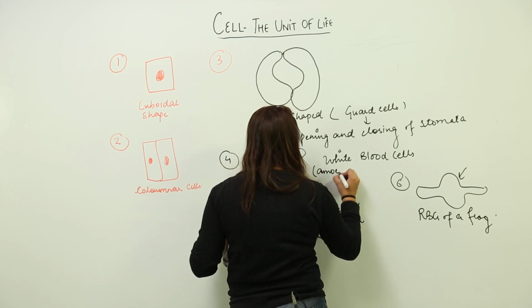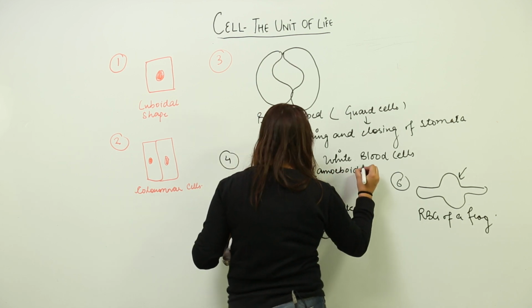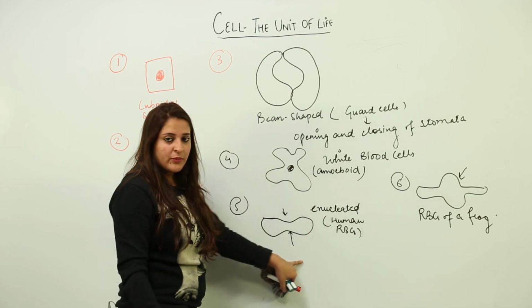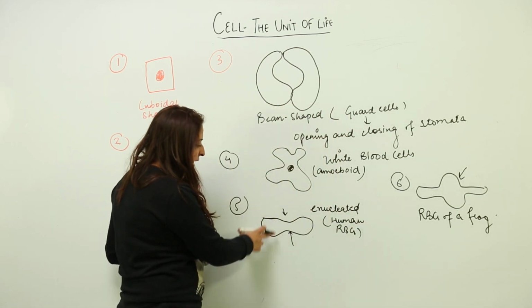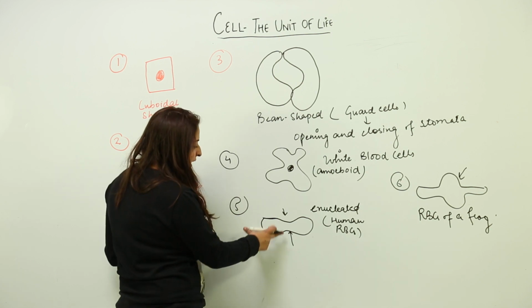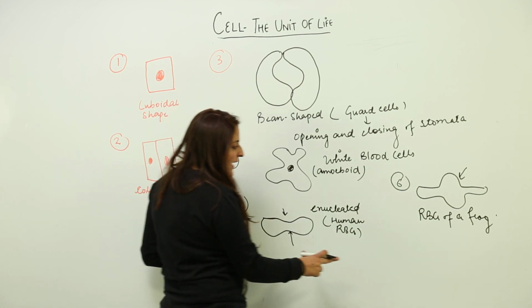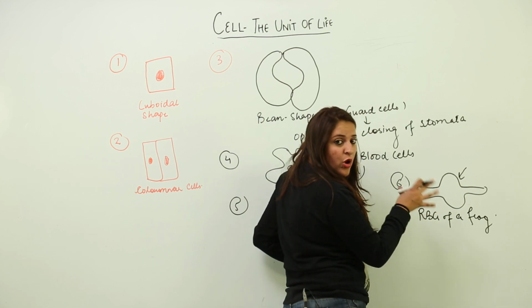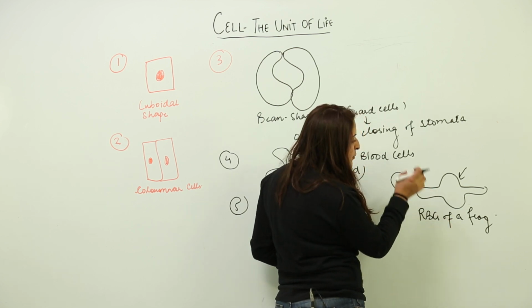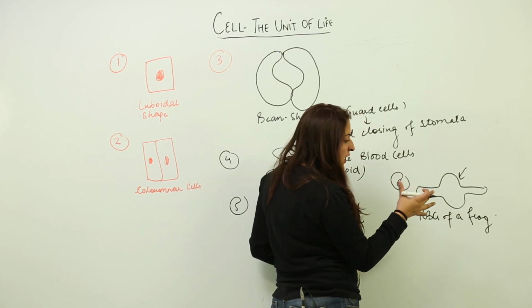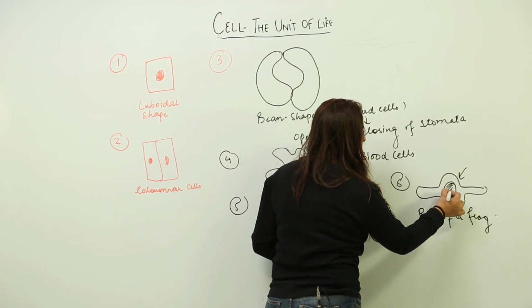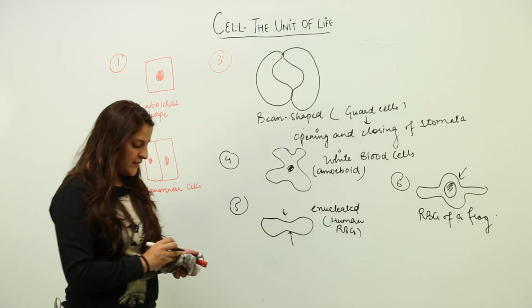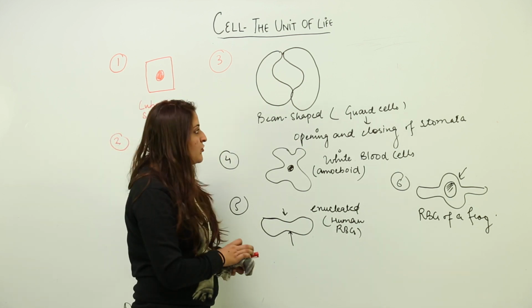We also call it amoeboid or any irregular shape. Human RBC lacks a nucleus, that's why it is biconcave in shape, and the RBC of frog has a prominent nucleus, and that's why it has a bulging out in the center due to a large nucleus. And this is how the shapes of cells vary from one organism to another.